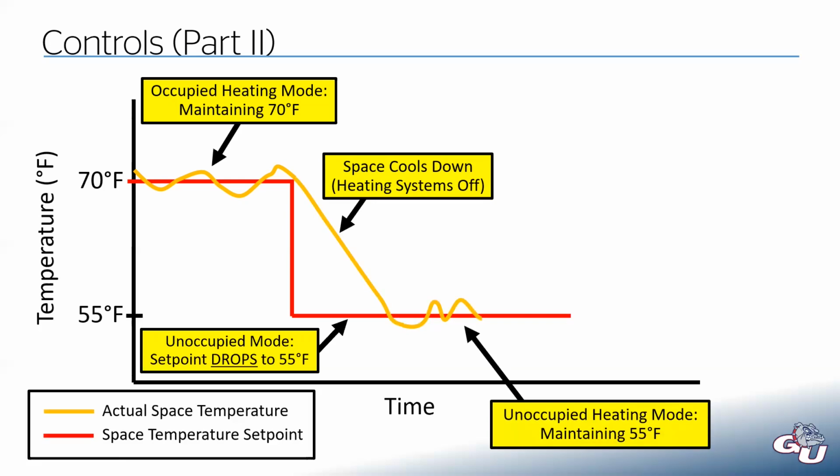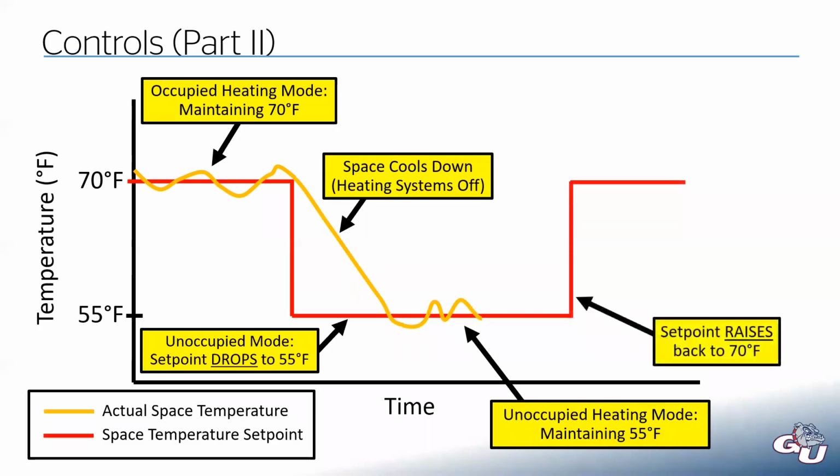Then we get to the morning and we have another instantaneous point where, at 7 a.m., we want the building at 70 degrees, but we can't just make the building increase in temperature by 15 degrees. That part's not a switch.